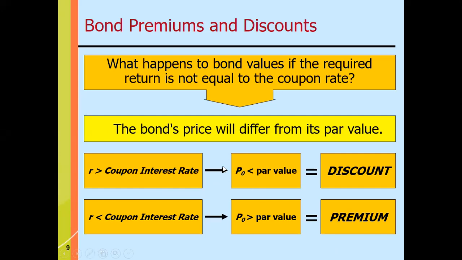Or if we state that in dollar or peso amounts, the bond's price or the current price or the fair value or the market value is lower than the par value. If the opposite is true, then that is a premium.